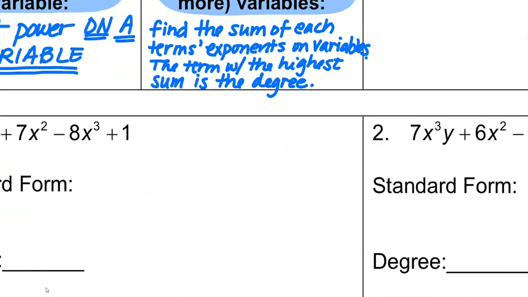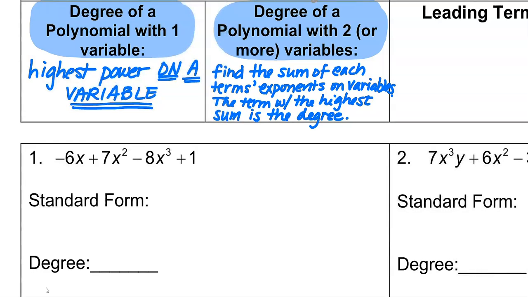Okay, so we're going to go through some examples down below. But if I give you x to the third plus x to the fifth plus x, what's the highest degree in this one? 5, because that's the highest power on a variable. For this one, if I give you x to the second y to the third plus x to the fifth plus y to the sixth, what's the degree of this first one?